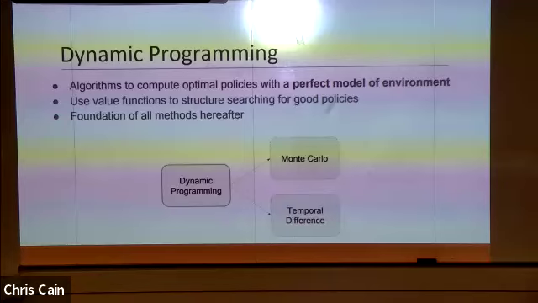The first one is Monte Carlo, and the second is temporal difference. But let's start by just talking about dynamic programming by itself. To use dynamic programming by itself, we need to have the Bellman optimality equation hold. For Monte Carlo and temporal difference, we can learn it from approximation, which is wonderful.